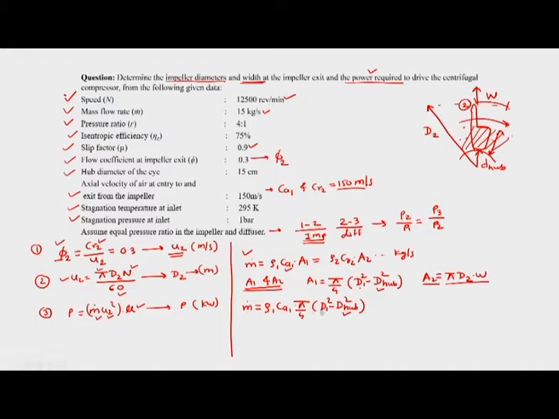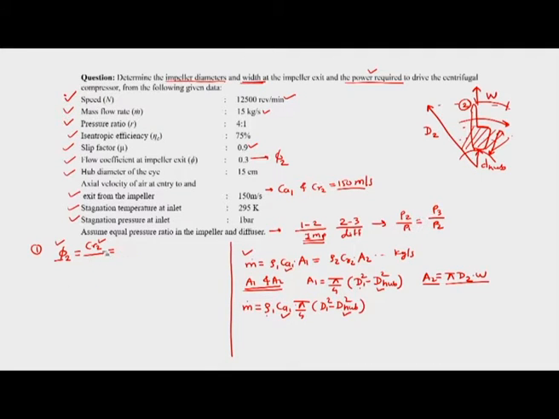D hub is known, d1 is not known, C_A1 is known, rho 1 is not known, but we can find rho 1. To find rho 1, we need to know the pressure and temperature at the inlet. Once we know them, we can use P equals rho RT to find the density at the inlet.